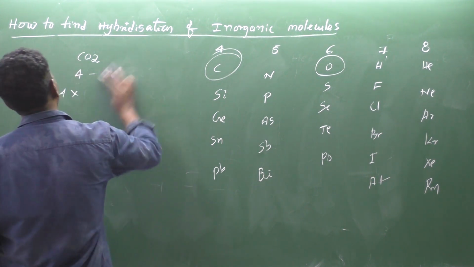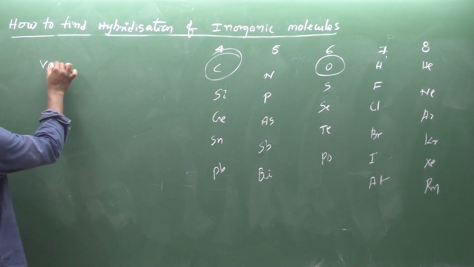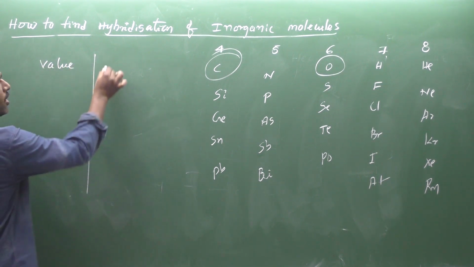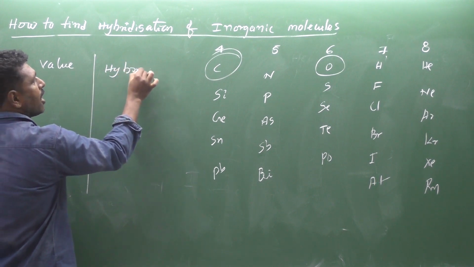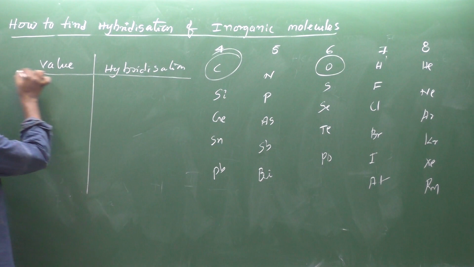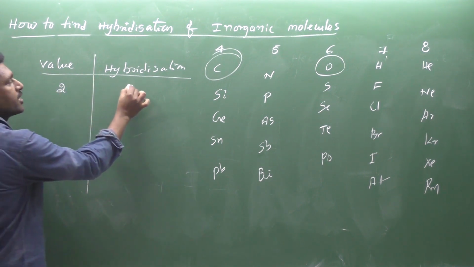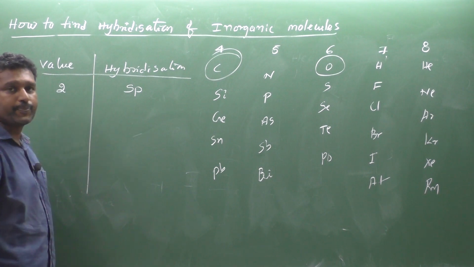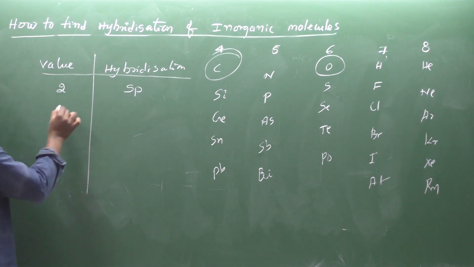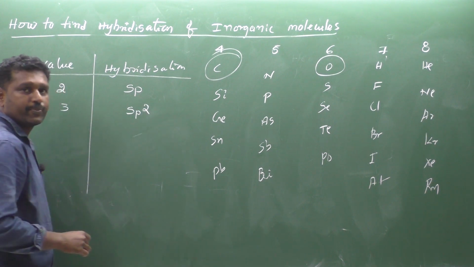So here, the value and the hybridization: value 2, hybridization sp. If the value is 3, then sp2.